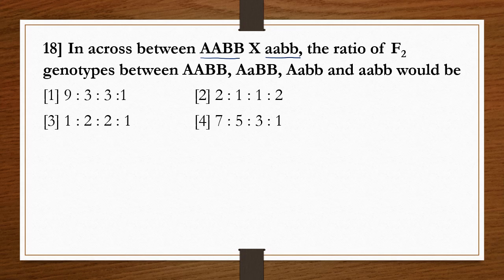Here A is one character and B is another character, two characters. That means this cross is a dihybrid cross.